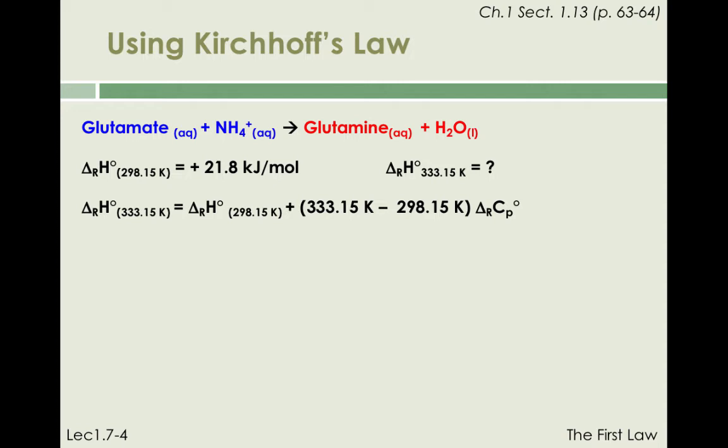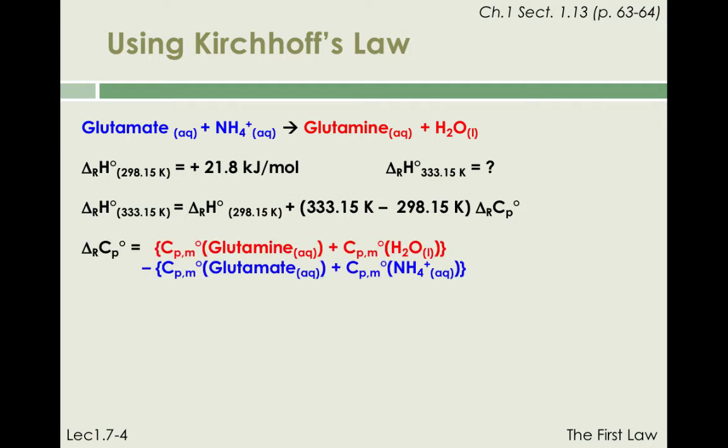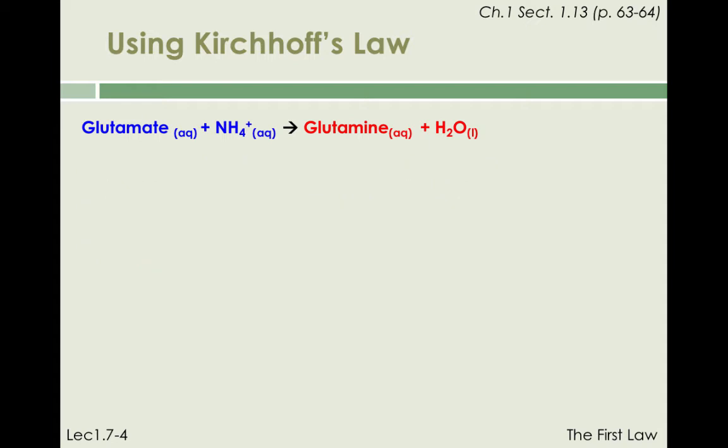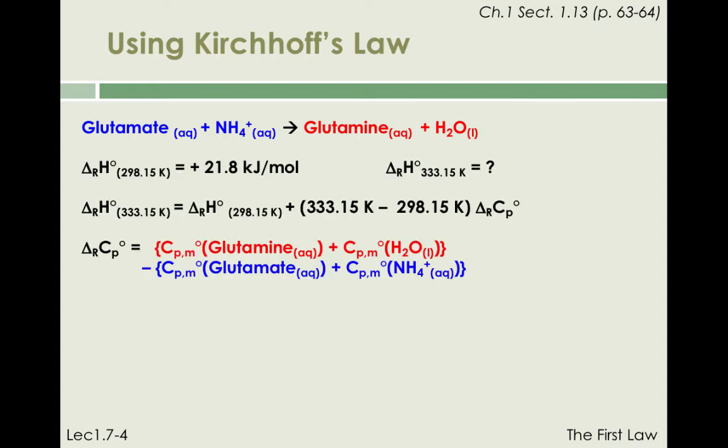333.15 Kelvin minus 298.15 Kelvin times ΔrCp standard for the reaction equation. ΔrCp standard is expressed as the sum of the molar heat capacities at constant pressure for the products, aqueous glutamine and water, minus those for the reactants, glutamate and ammonium.